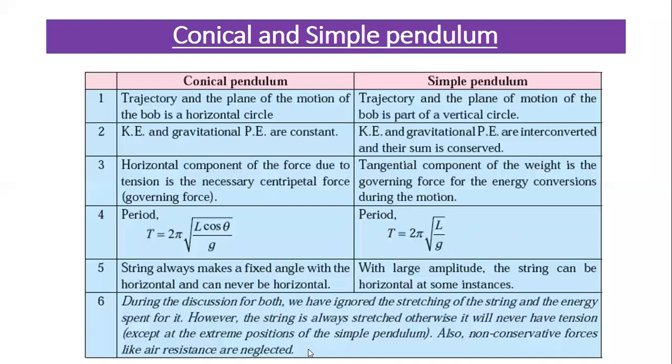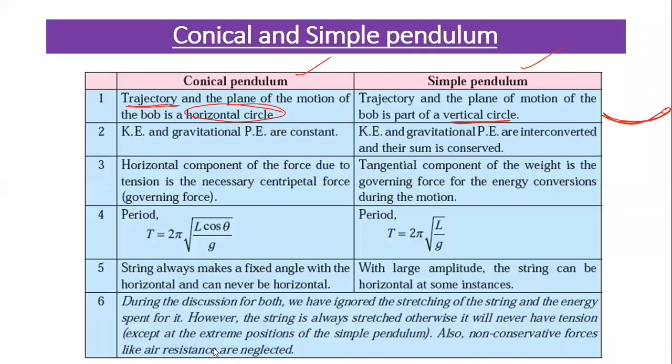Now the distinction, or difference, between the conical pendulum and the simple pendulum. Here the trajectory, meaning the path followed by the bob, is a circle. And in the simple pendulum the trajectory is a vertical circle like this.